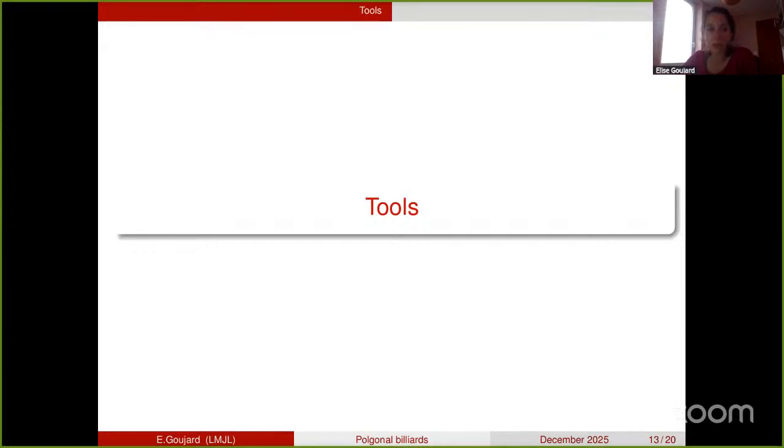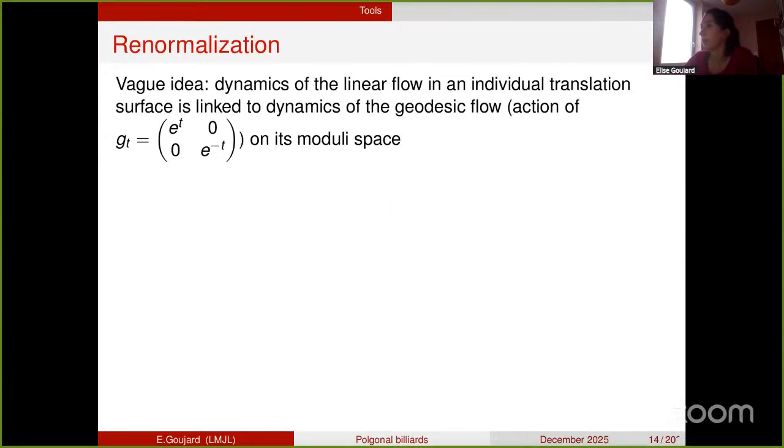So let me go now to the tools. So how we study these systems. So one important tool that we use is some renormalization. So let me try to give some idea of what it is in this case.